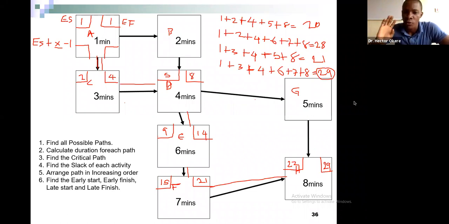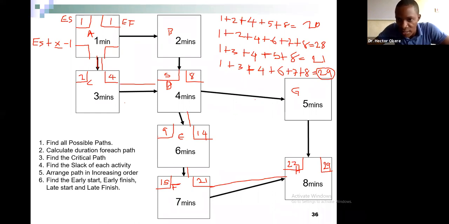Okay, good. If you understand that, then when you determine how many paths there are, you need to calculate how long it takes for each path. Path 1 is this. It takes 20 minutes. Path 2 is this. It takes 28 minutes. All you need to do is add every value on the path.